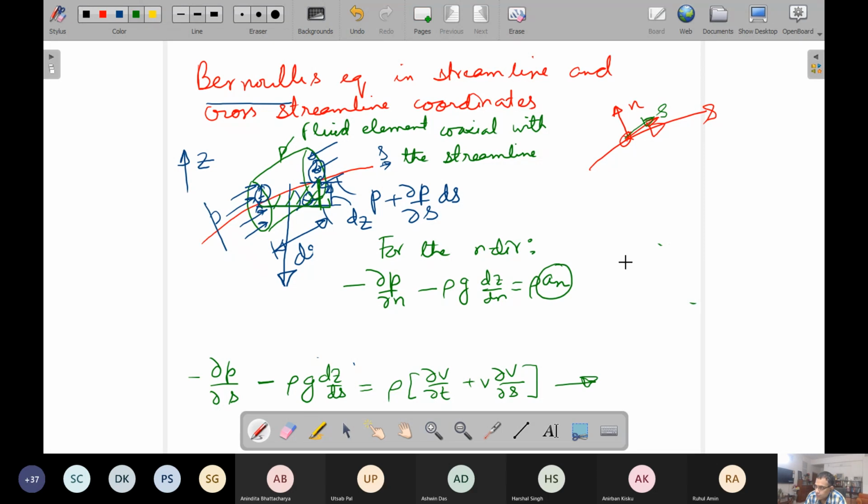There is no velocity along N, but there will be acceleration along N. Why? Because the continuous change of direction, because of the curvature of the streamline, will give you a normal component of acceleration, which is minus v square by the radius of curvature of the streamline.